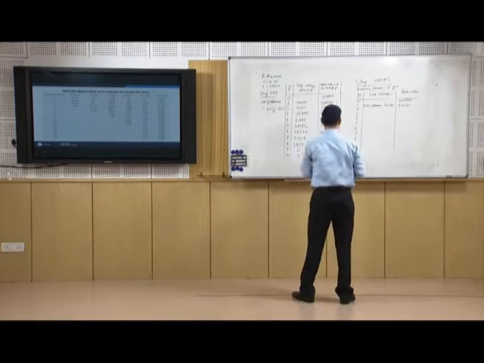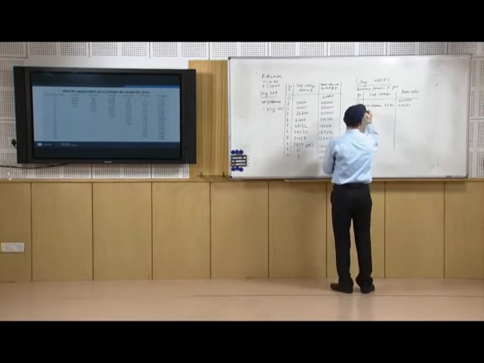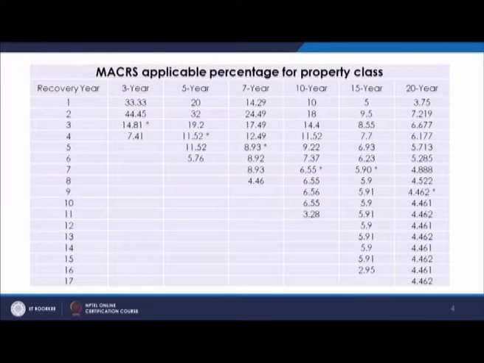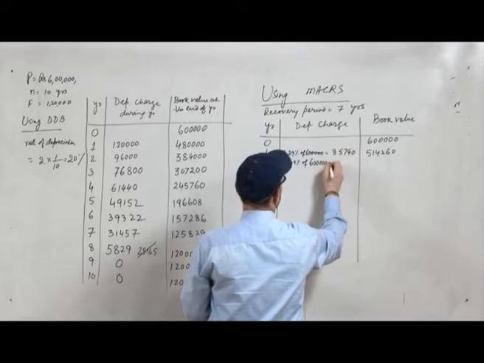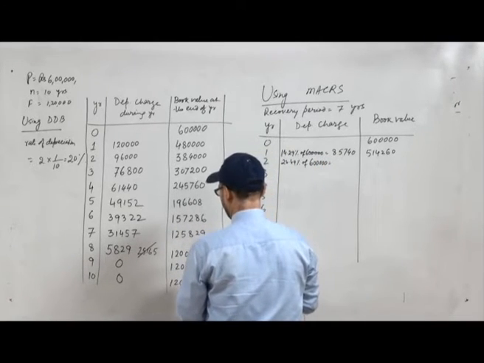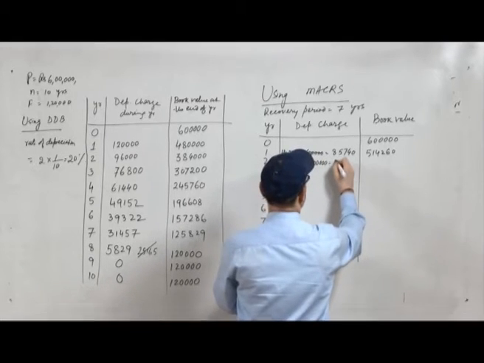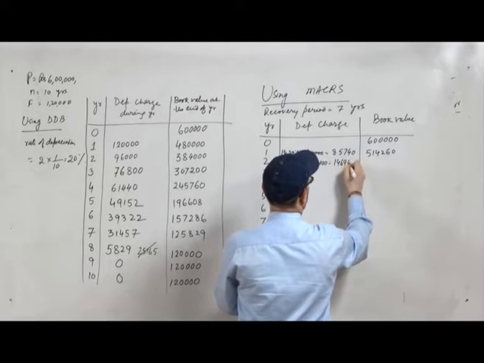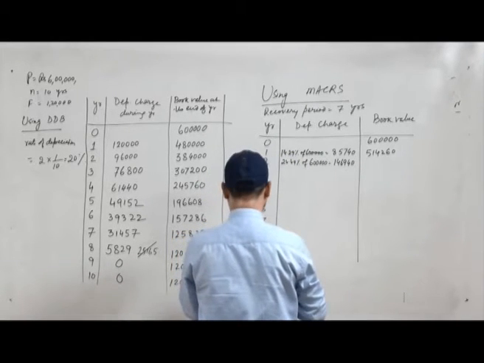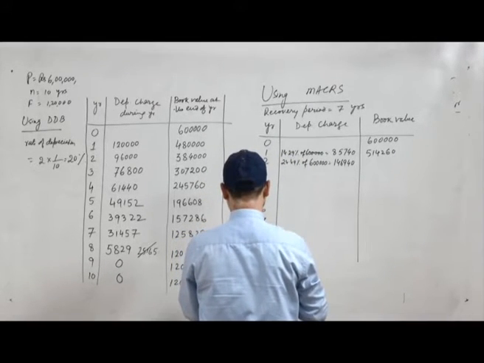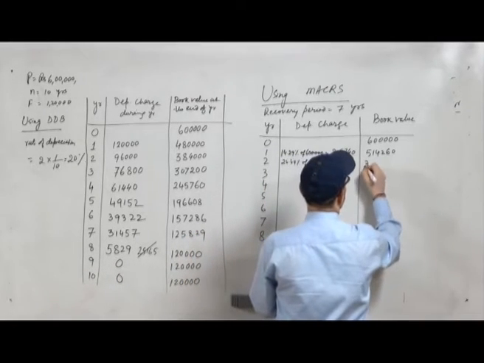Then in the second year it is 24.49% of 6 lakh. So, it will be 146,940. Once subtracted from 514,260, it comes out to be 367,320.